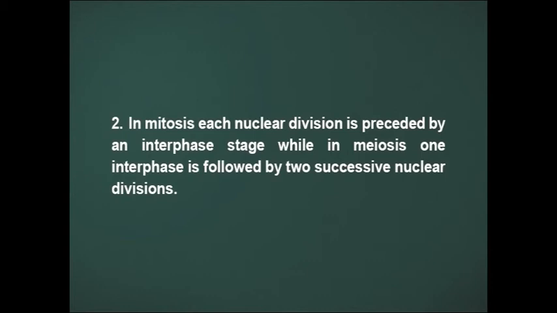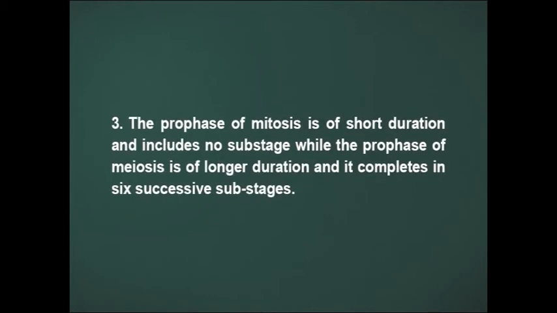In mitosis, nuclear division is preceded by an interphase stage, while in meiosis, one interphase is followed by two successive nuclear divisions. Number 3. The prophase of mitosis is of short duration and includes no substages, while the prophase of meiosis is of longer duration and it completes in 6 successive substages.